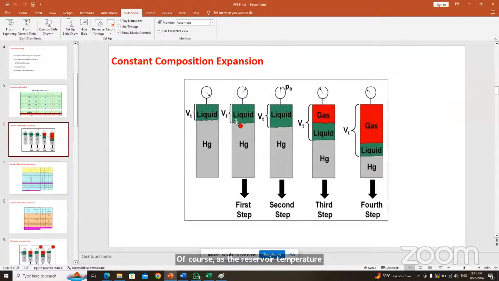We start decreasing the pressure gradually. For each step of the pressure decrease, we have an increase in the volume. So we have a little bit of expansion in the volume as the pressure is released. At a certain pressure, we start having gas.